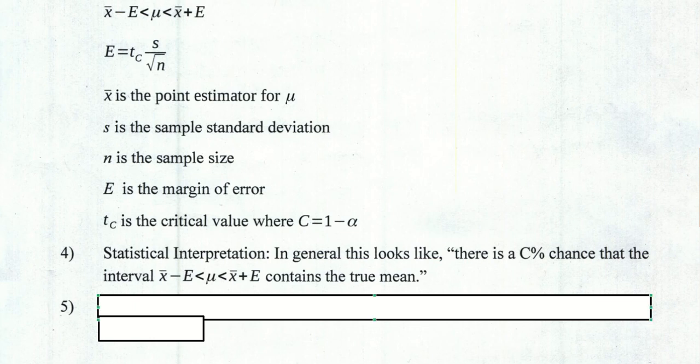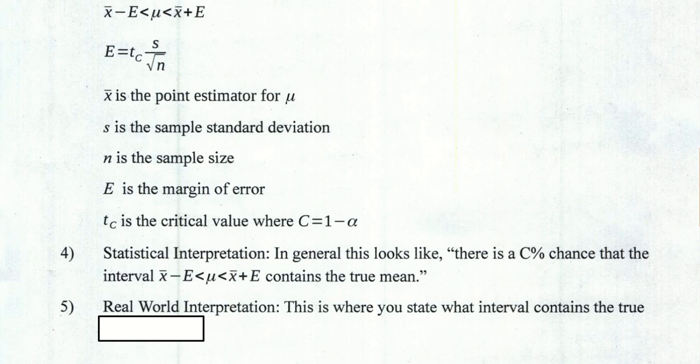Now the real-world interpretation is when we say this as close to a useful way as possible. We remember our units. So we say what that interval is and what the units are for it.